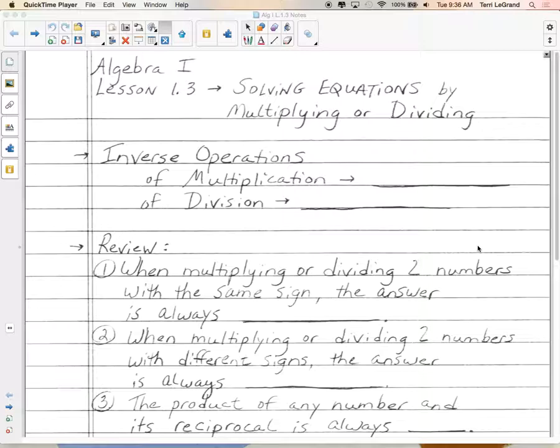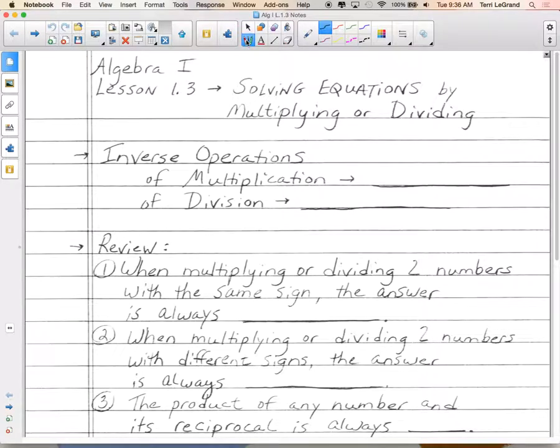So what undoes addition? Subtraction. What undoes subtraction? Addition. Okay, well then what should the inverse operation of multiplication probably be? Division. Division undoes multiplication. And how about division then? What undoes division? Multiplication. So addition and subtraction undo each other.